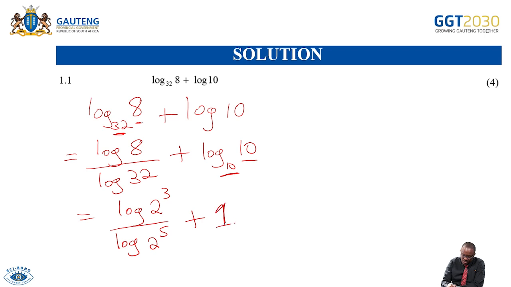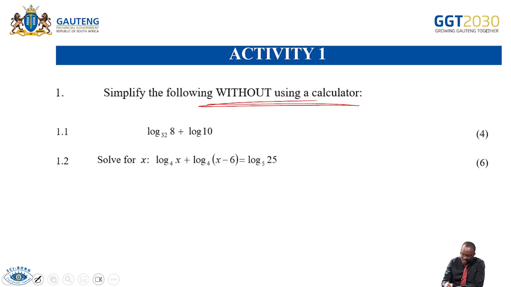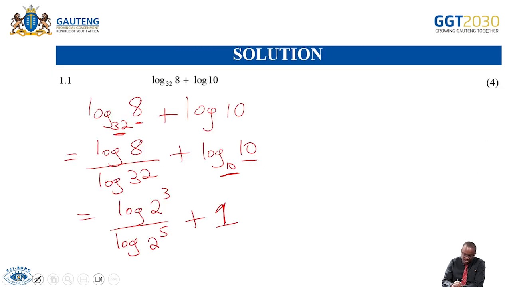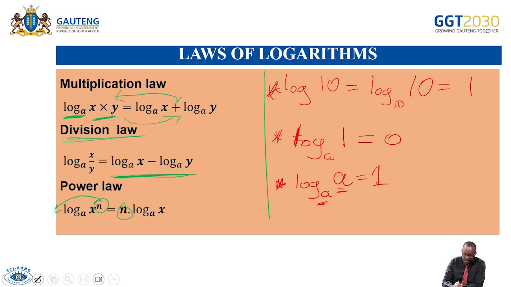We said it's equal to 1. We can go back to our notes. We said if the base and the number are equal, then your log is going to be equal to 1. Then how do we solve this one? Remember another power law that we indicated there, that we can take this exponent and put it in front there.